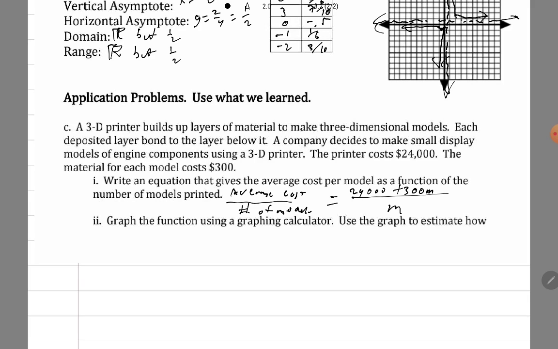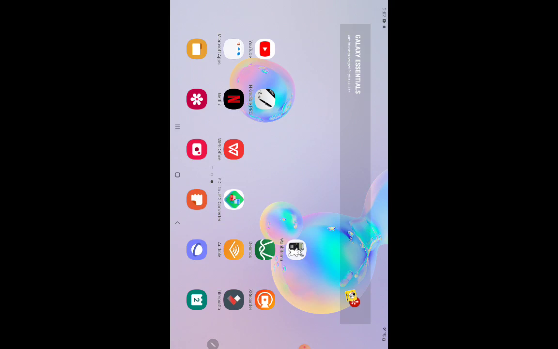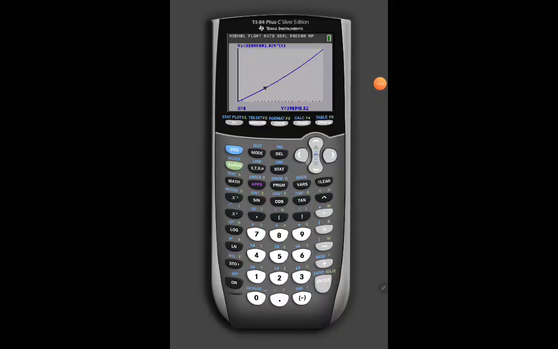Okay, so let's go to our graphing calculator. Y equals, and let's erase all this. 24,000 plus 300x, and I forgot to put this in parentheses.